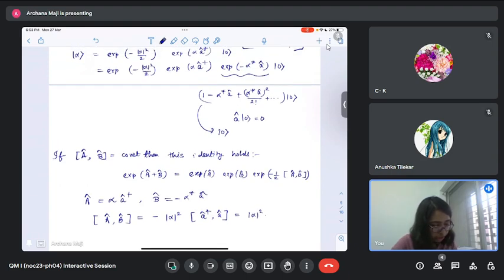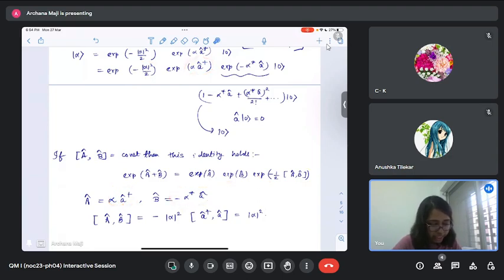So what do you get on the right hand side? You get exactly these three terms, when you replace the commutator of A and B by mod alpha squared, with A being alpha a dagger and B being minus alpha star a.